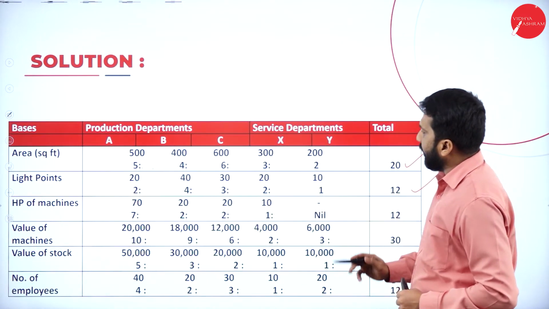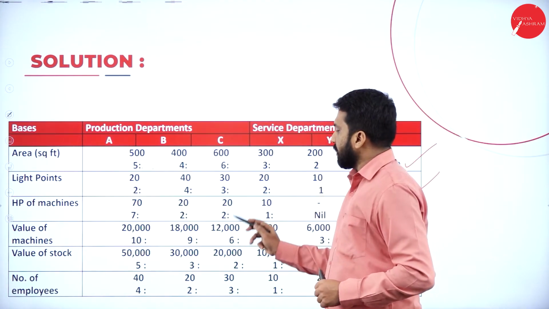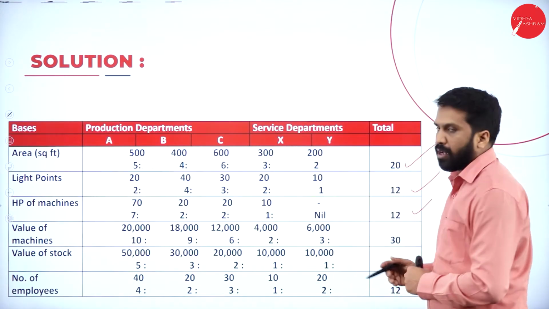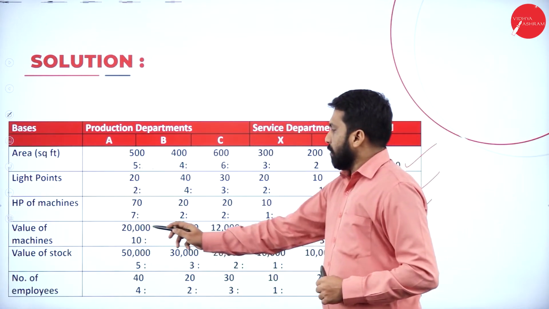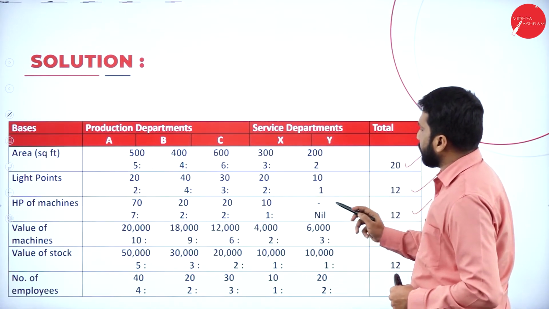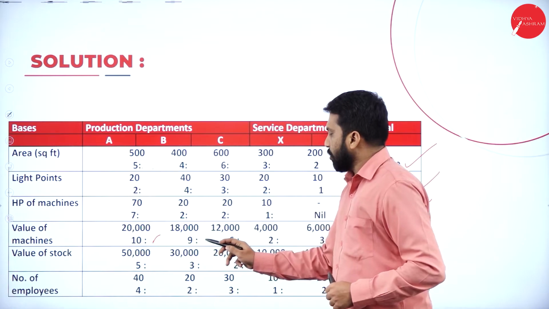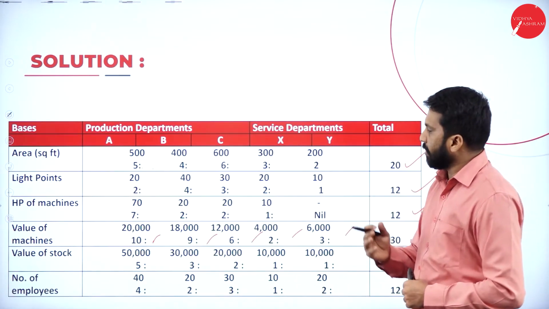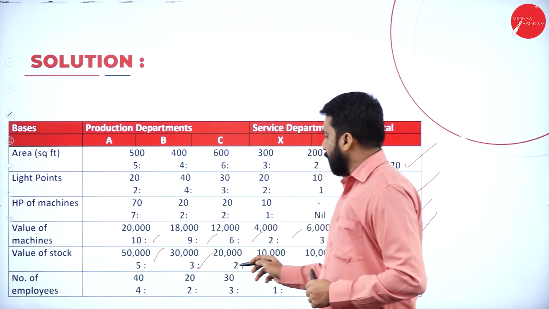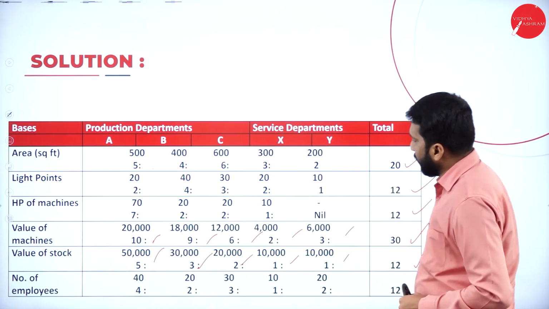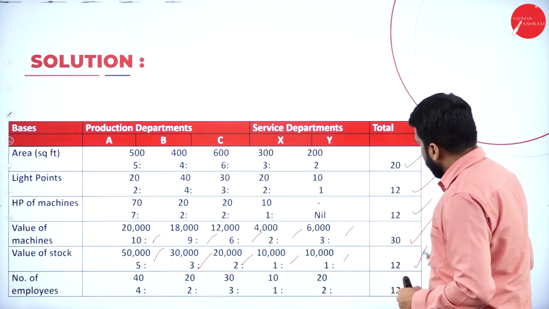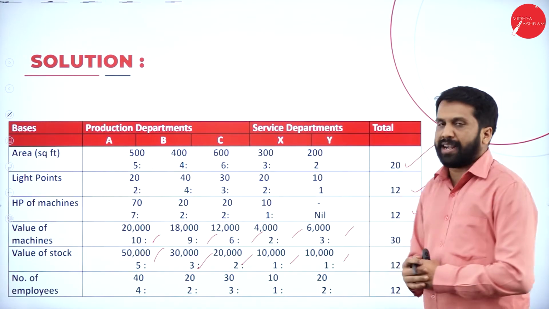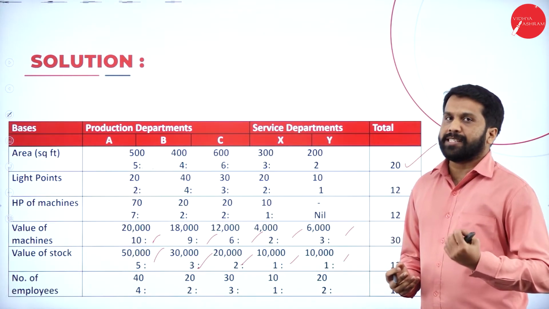Make it simple like 10 sevens are, 10 twos are, 10 twos are, 10 ones are. You got 12. Similarly, 20,000, 18, 12, 4, 6 will be 10 is to 9 is to 6 is to 2 is to 3. This is your answer. Similarly, simplify. You got 12. Hope you understood. We made it simple.